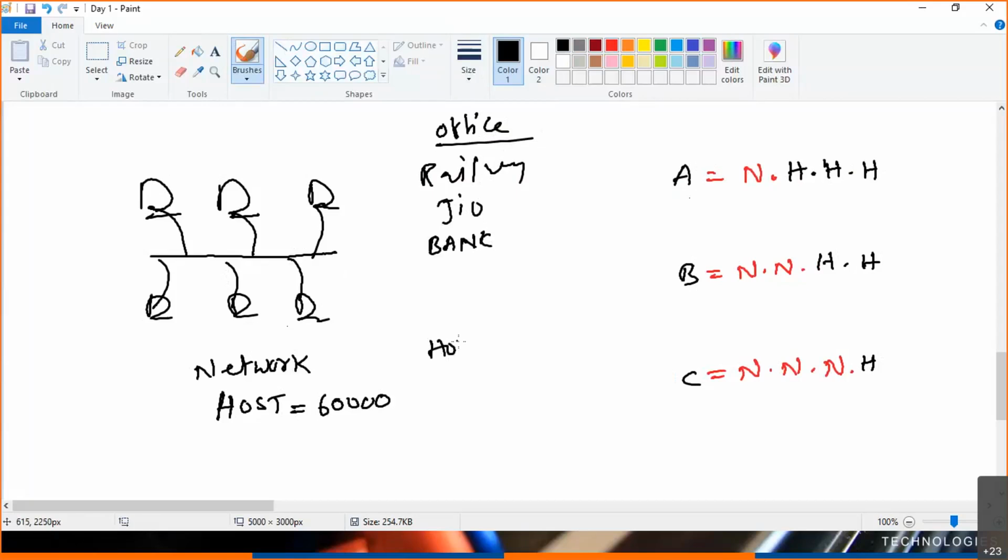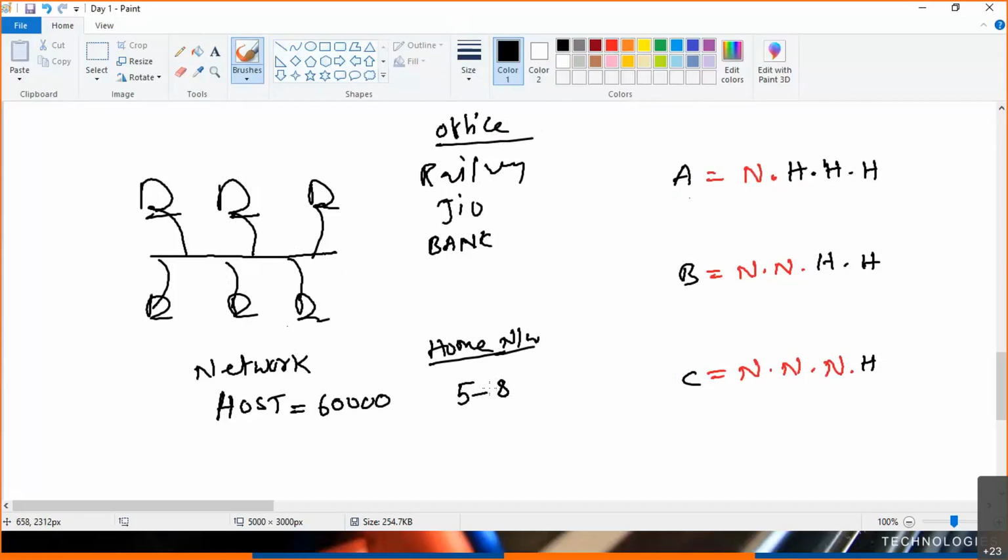Similarly, if we take the example of home networks. At your home network, hardly maximum how many devices will be there, guys? 5 to 8 devices, like your mobile phone, your laptop, and your family members.